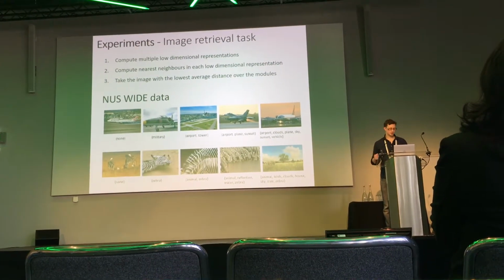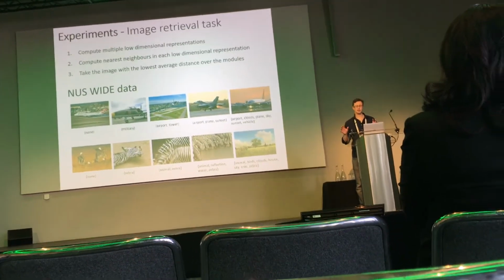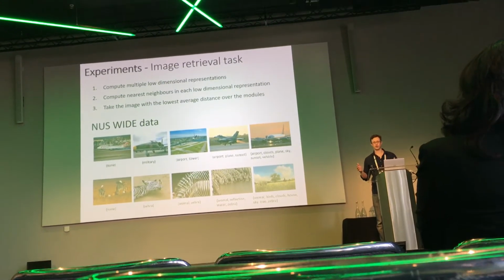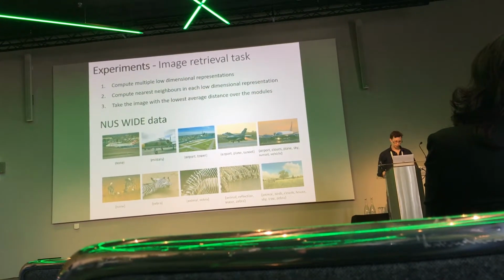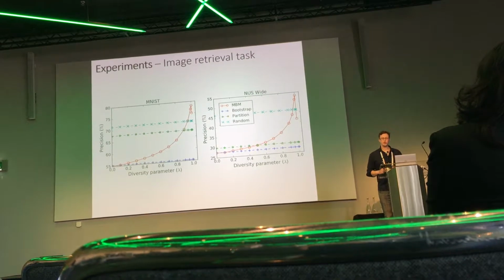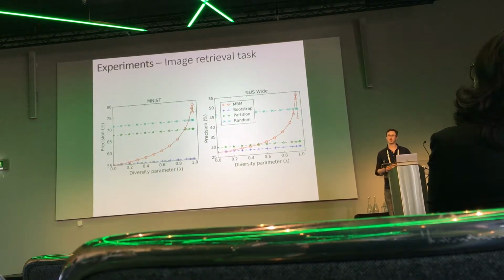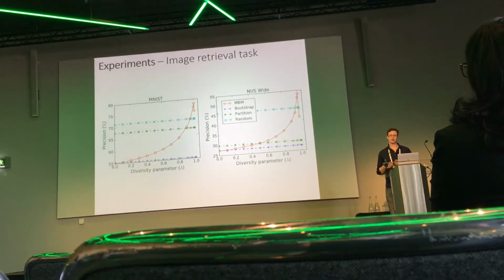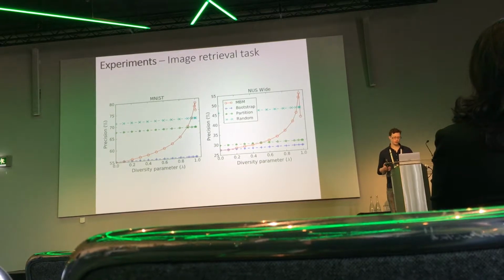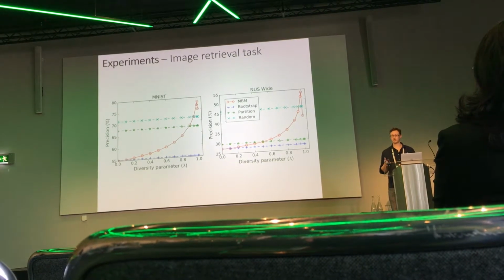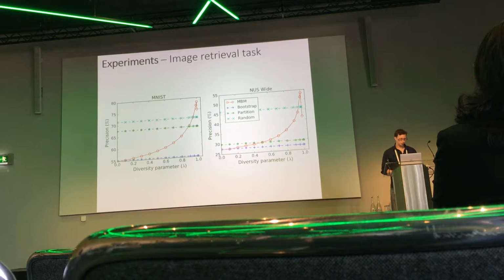We then take the image, or collection of images, with the lowest average distance, where we average over the different modules. Okay, and what we observe is that if we place sufficiently large emphasis on diversity, we actually get quite a dramatic performance boost over the comparable baselines.